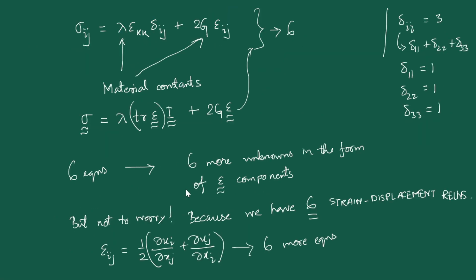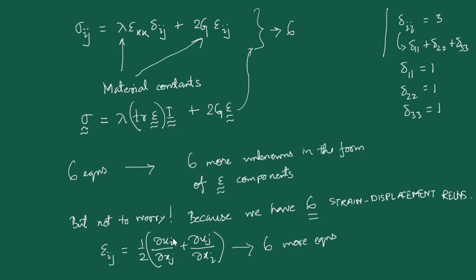We managed to introduce 6 equations here through these stress strain relations, but in that process we introduced apparently 6 unknowns in the form of the strain components. But now we have these 6 relations connecting the sort of new unknowns in terms of the original displacement components. So it comes a full circle and everything is nice and closed.